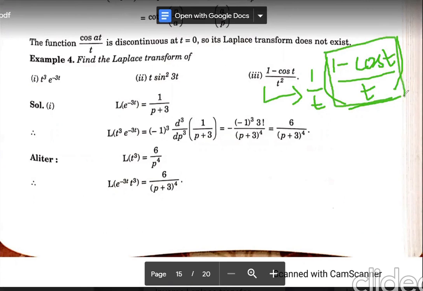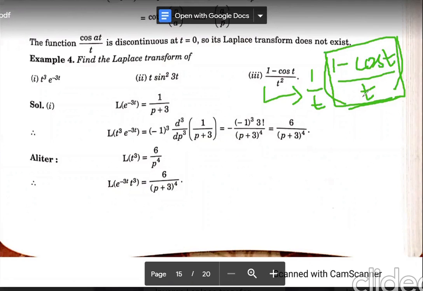First you find this one. Here consider 1 minus cos t as f of t. That is very simple, you can easily find. The Laplace transform of 1 is 1 by p, and the Laplace transform of cos t is p by p square plus 1 square, because the coefficient of t is 1. Then use f of t by t, integration p to infinity f of t dp. So you will get the Laplace transform of 1 minus cos t by t.